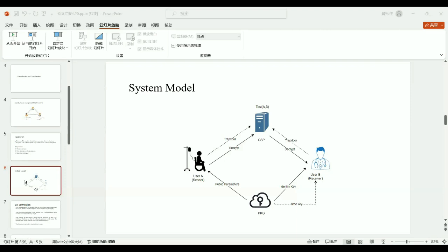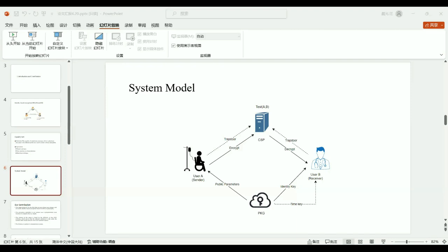There are many steps in the specific construction in this paper. In the setup phase, public parameters and master private keys are generated, and in the private key generation and key update stages, the identity private key and update key are generated respectively. The decryption key generation algorithm is used to generate decryption keys.